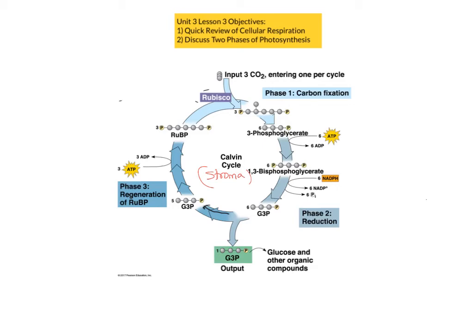Now, there are three phases of the Calvin cycle: carbon fixation, reduction, and regeneration of something called RuBP.